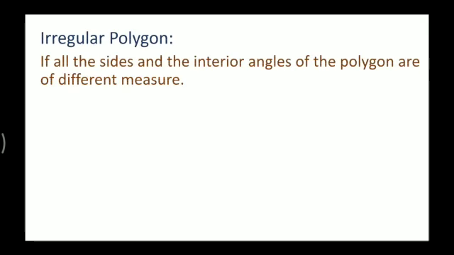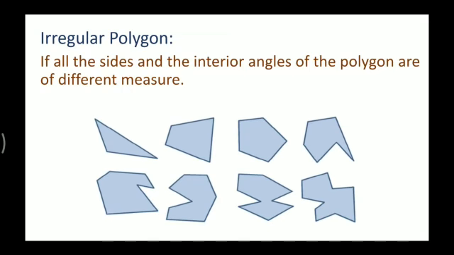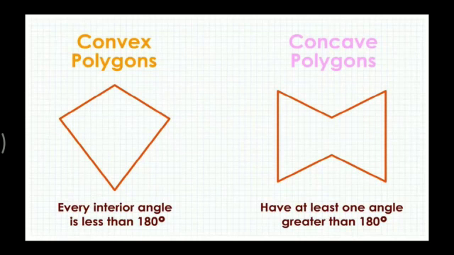Next is the irregular polygon. If the sides and the interior angles of the polygon are of different measures, then they are called irregular polygons. So here are some examples of an irregular polygon. Next you have convex polygons and concave polygons.